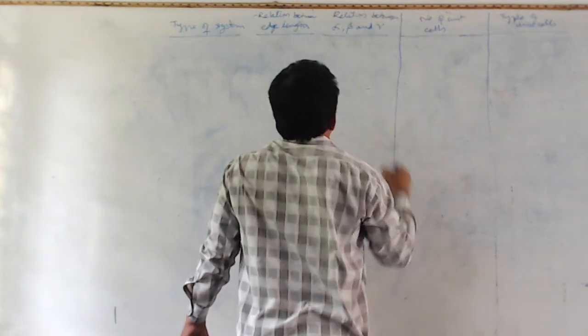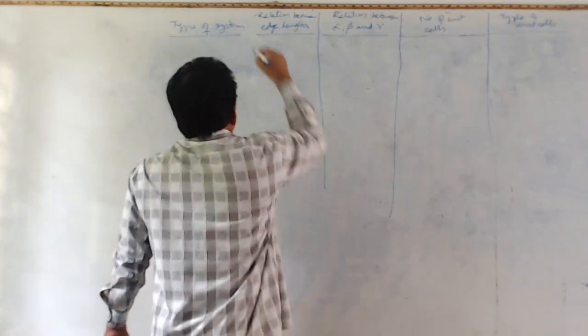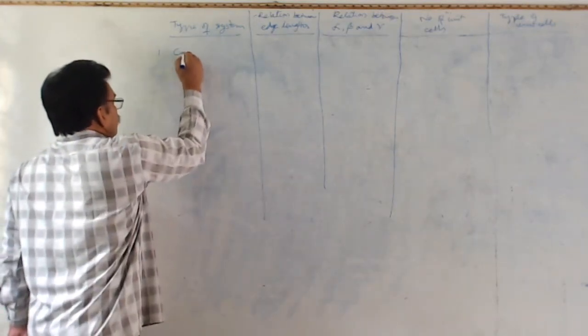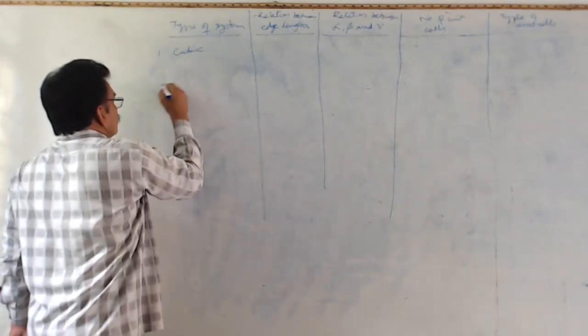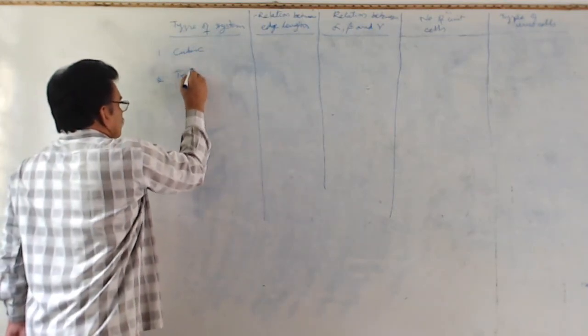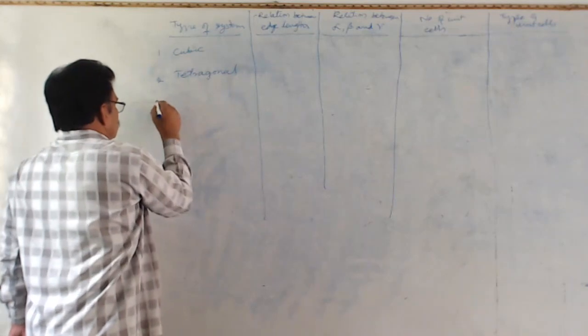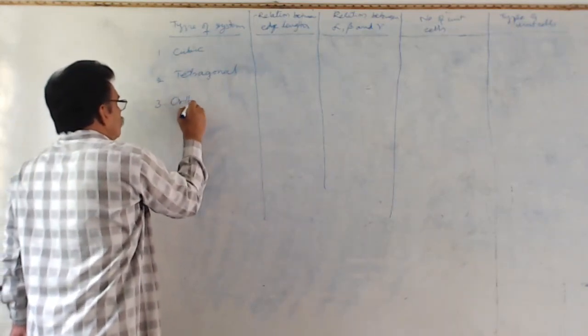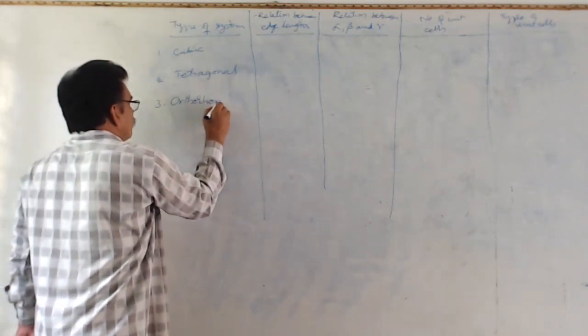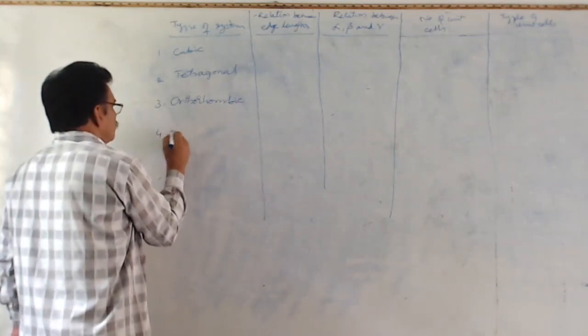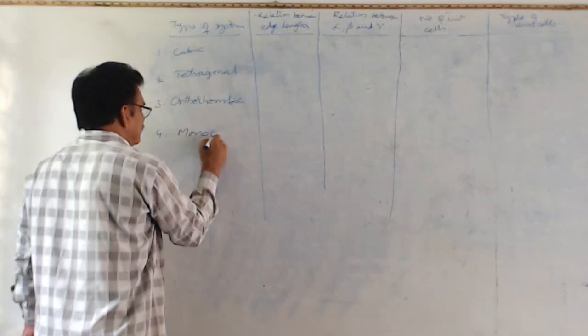First I will write the 7 types of systems. 1, cubic system. Second, tetragonal system. Third, orthorhombic system. Fourth, monoclinic system.